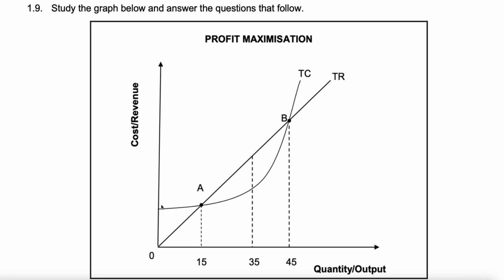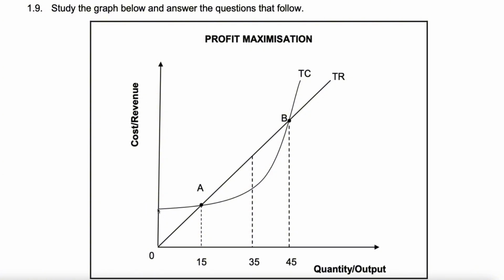The reason for that is because a business will still have to pay for its fixed costs. So if I was to put a line here, this line basically will show your fixed cost.